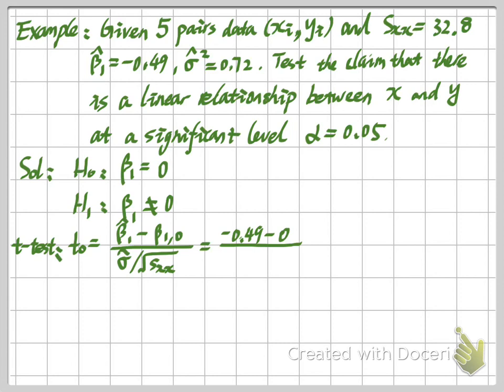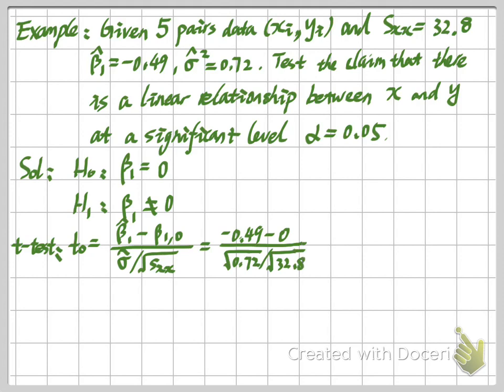In the question, because they give us sigma hat square, the sigma hat will be the square root of sigma hat square. So this is the square root of 0.72, divided by the square root of Sxx. The value of Sxx is 32.8.